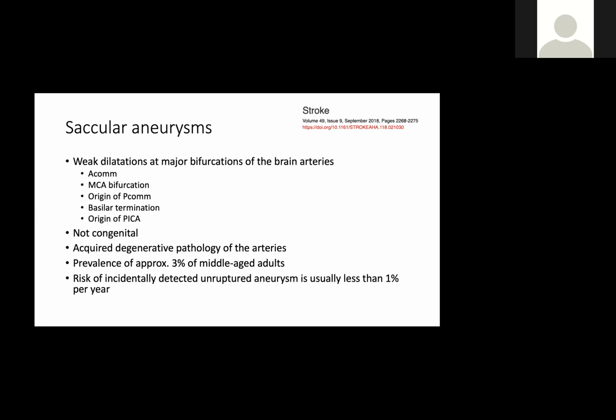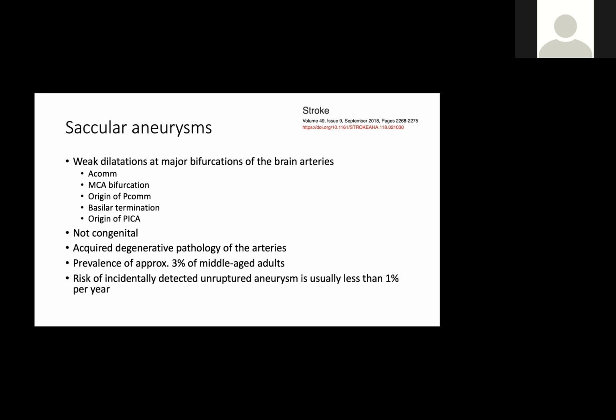So if I speak to someone in one of the clinics who has an unruptured aneurysm, I usually say that between 1 to 5% of people walking around have an aneurysm. And obviously the vast majority of those people have no idea that it's there. The risk of rupture of incidentally detected unruptured aneurysms is usually less than 1% per year.